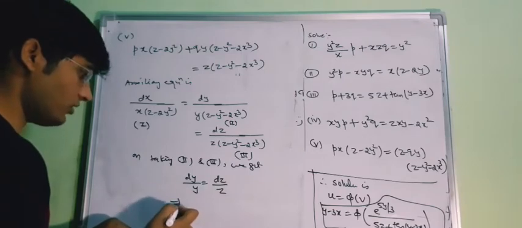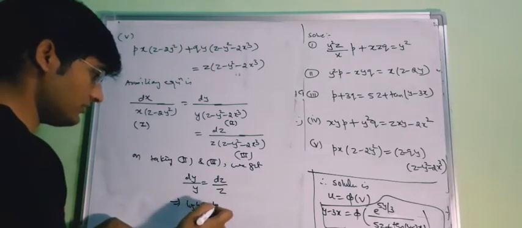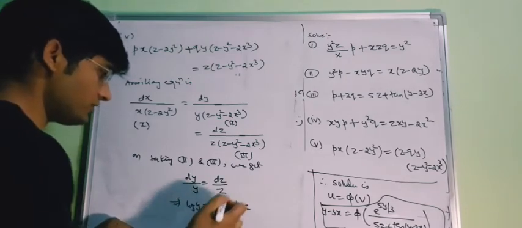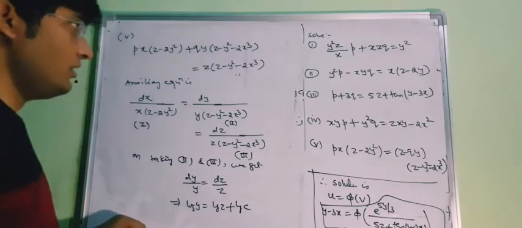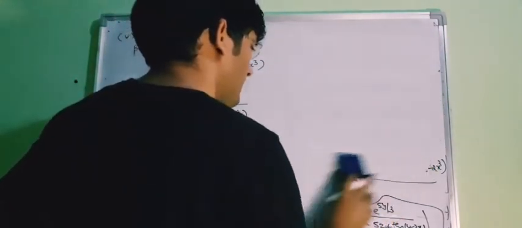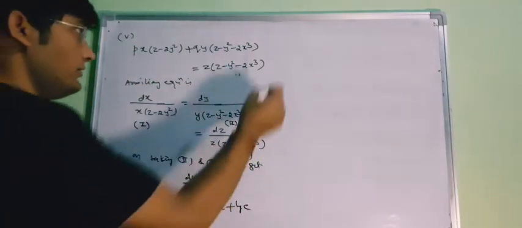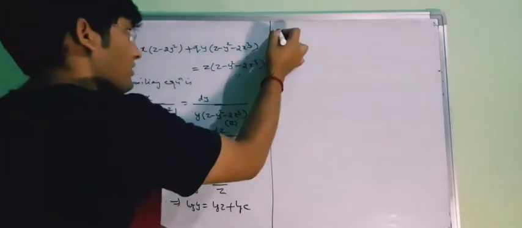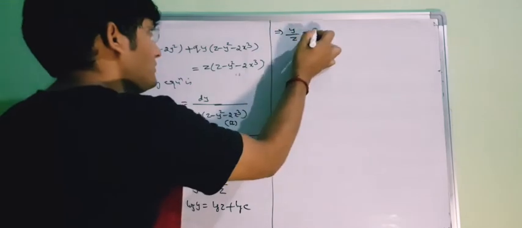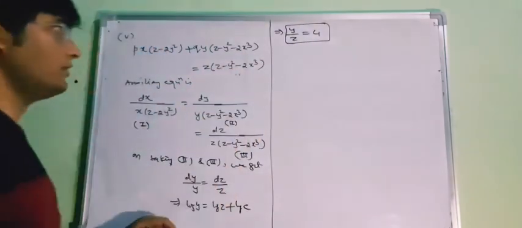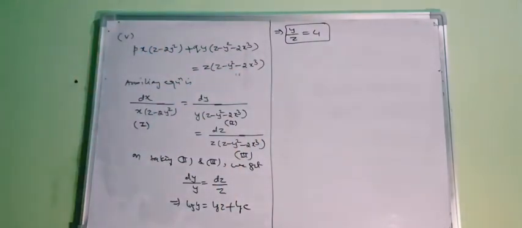So this will give you log y minus log z plus some constant c. Thus y upon z equals c1. So this is your first solution.